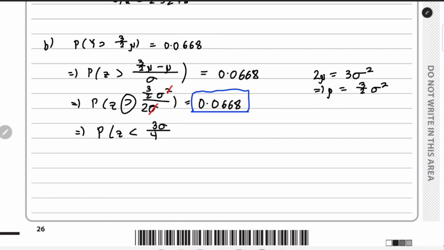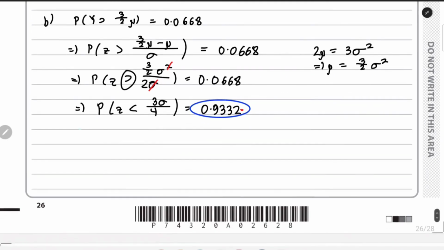So 3 by 4 sigma equals 1 minus 0.0668, so 0.9332. Now you have to use the table for this value. See when this probability happens for what value of z, my bad.